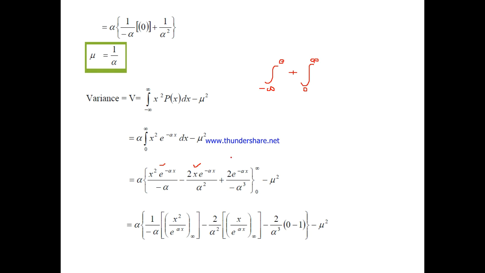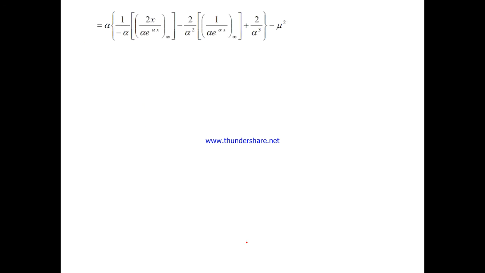So what's the next step? Use L'Hospital's rule on this and on this. Differentiate the numerator and the denominator separately. Is this okay? Now apply the limits. When we apply the limits for the second term, we do get a value. But with the first term, again, this ends up in indeterminate form.